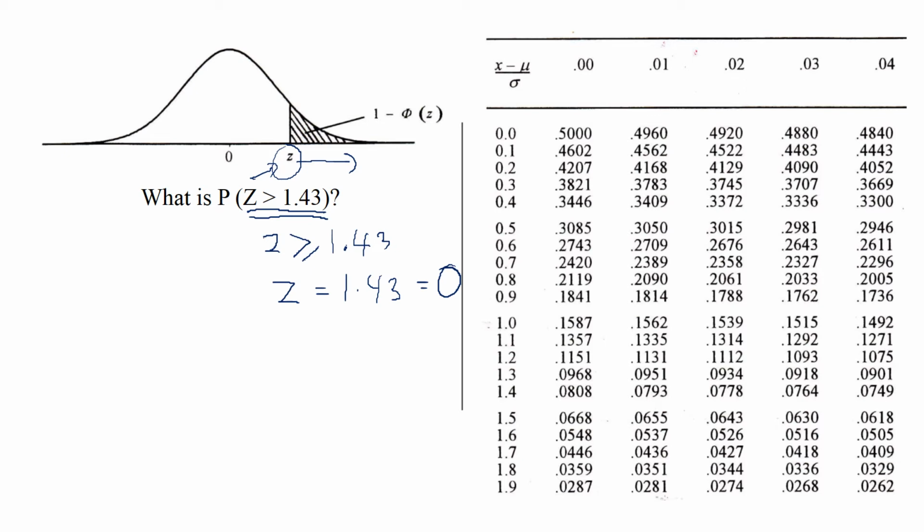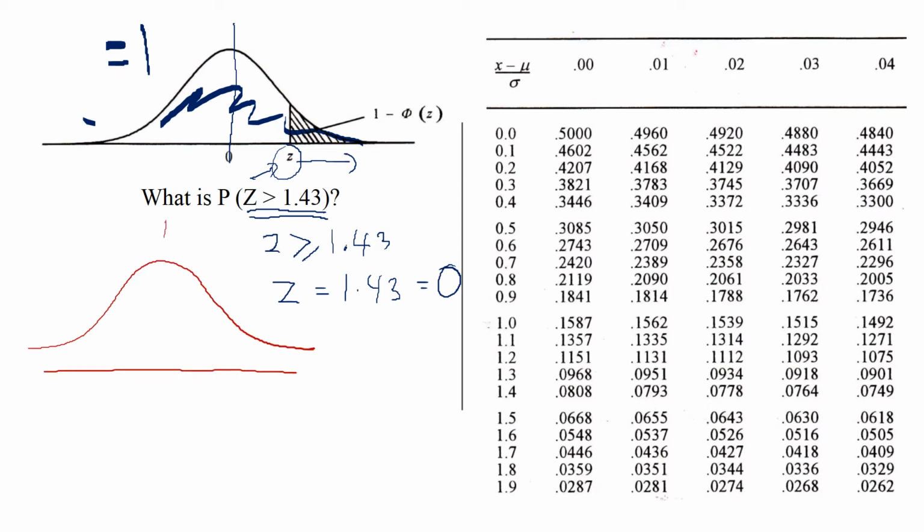This curve is bell shaped and has 0 in the middle. It is symmetric about 0, and the area under the entire curve is equal to 1. Let's make our own bell shape here, symmetric about 0, and 1.43 will be somewhere here.